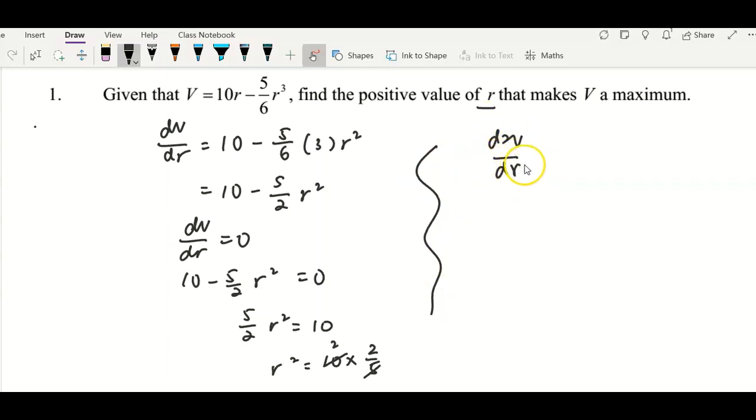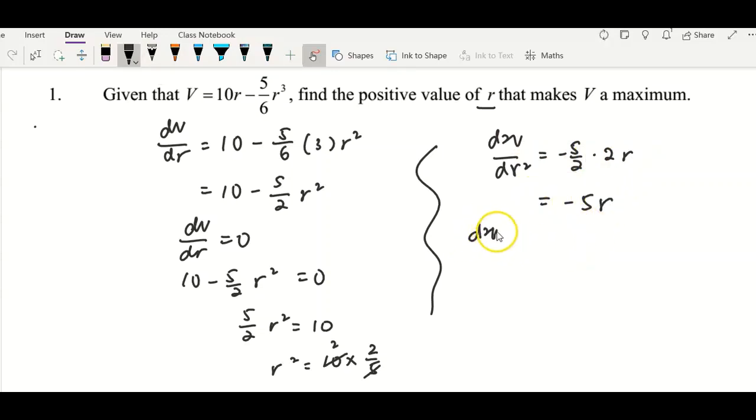I find d2V/dR2. Differentiate 10, you get 0, and the negative 5 over 2 is copied down, and I have R squared, which differentiates to 2R. Then simplify it, you get negative 5R.